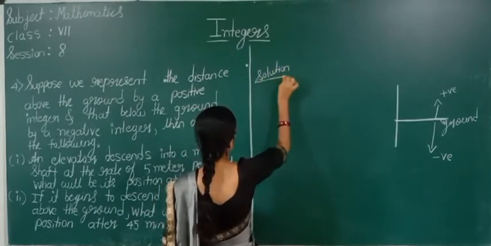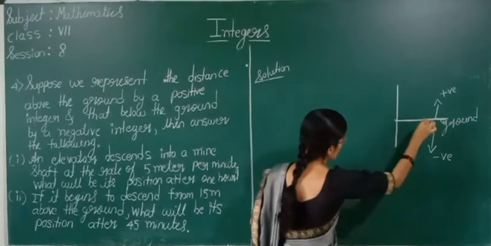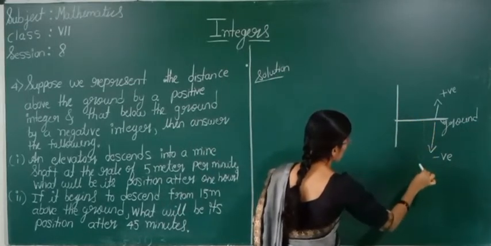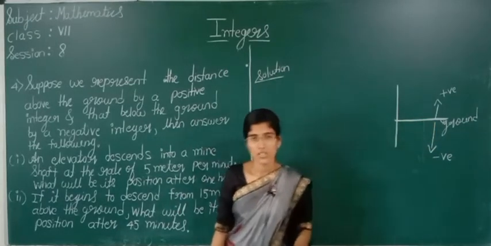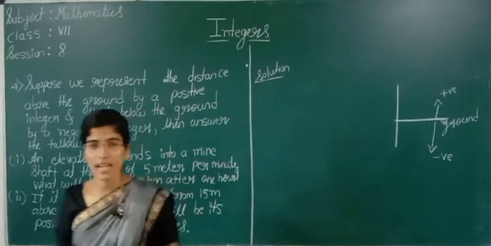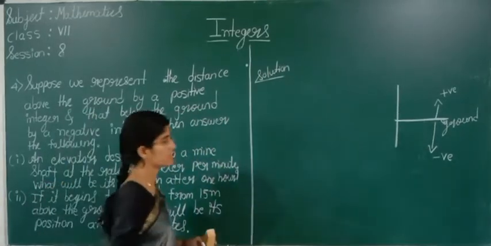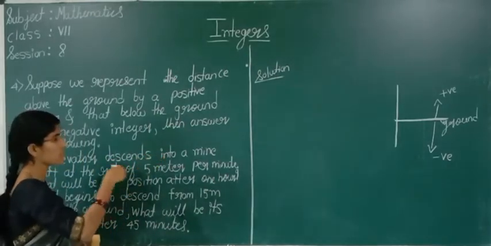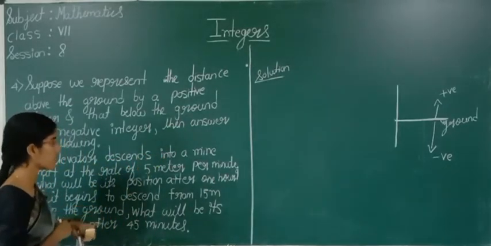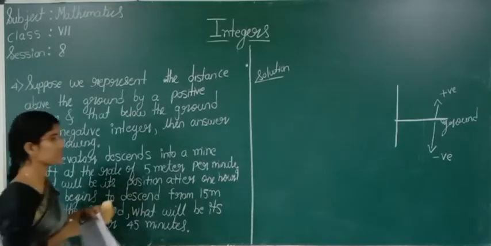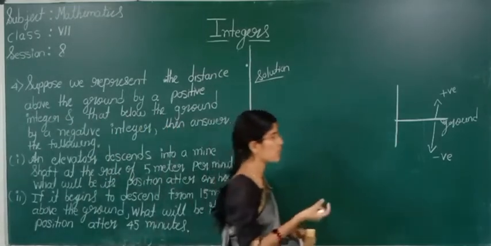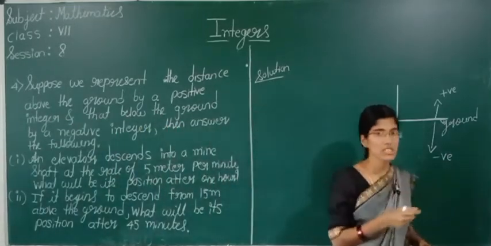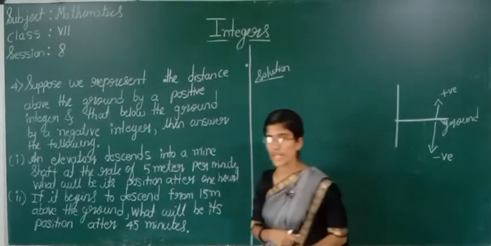Since the elevator is going downwards, the distance covered we will take as a negative integer. An elevator descends, that is, it is going downwards. That's why we take the distance covered as a negative integer.